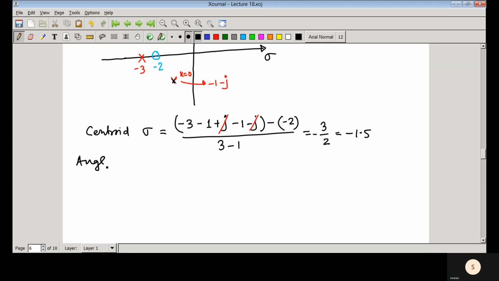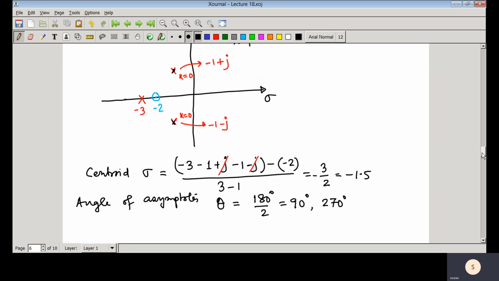And the angle of asymptotes, theta, equals 180 degrees divided by 2, that is 90 degrees, when k equals 0, and when k equals 1, that would be 270 degrees or minus 90 degrees.